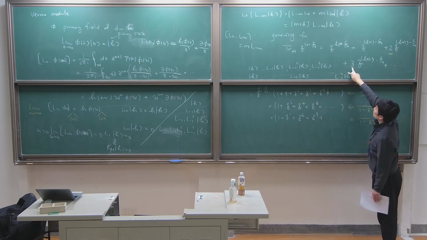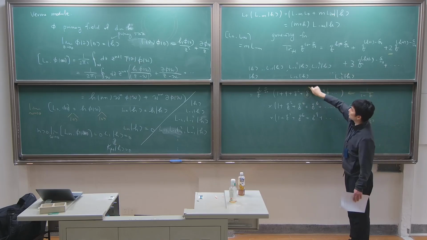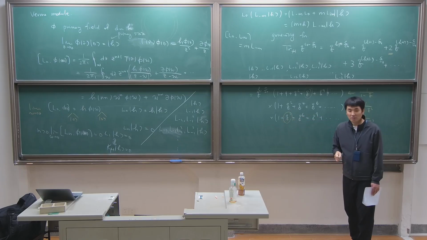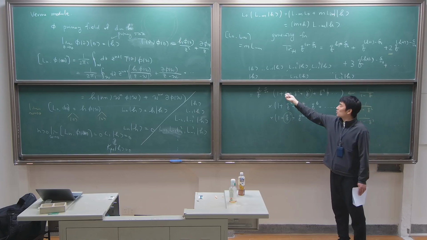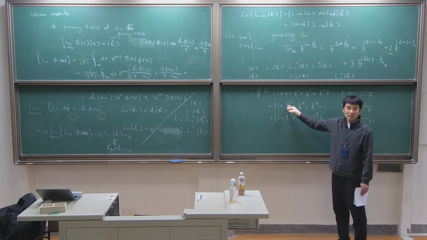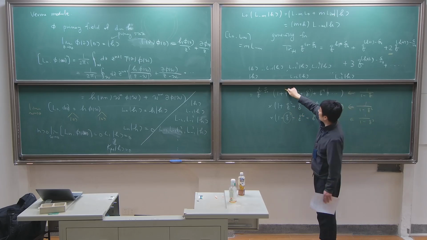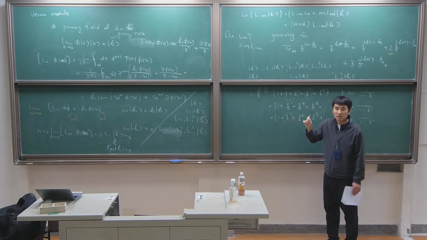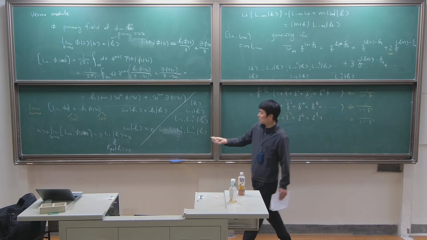To get the 3 here, this one will contribute, this one will contribute, and what else? q times q squared. That is the L minus 1 action, and this is the L minus 2 action.